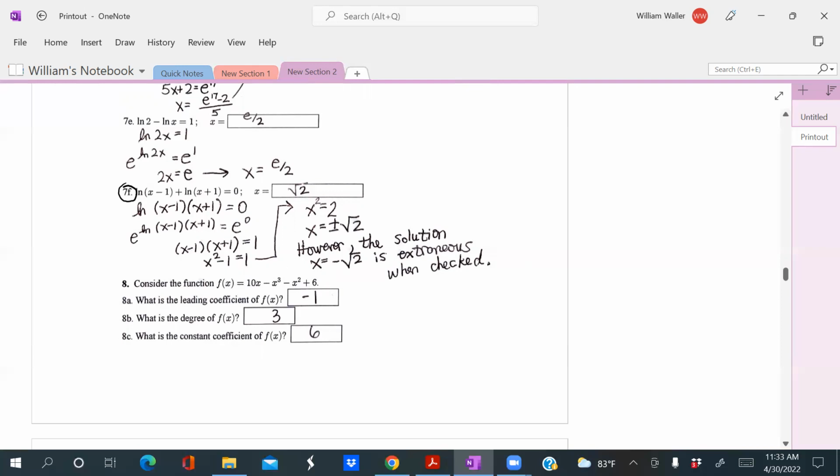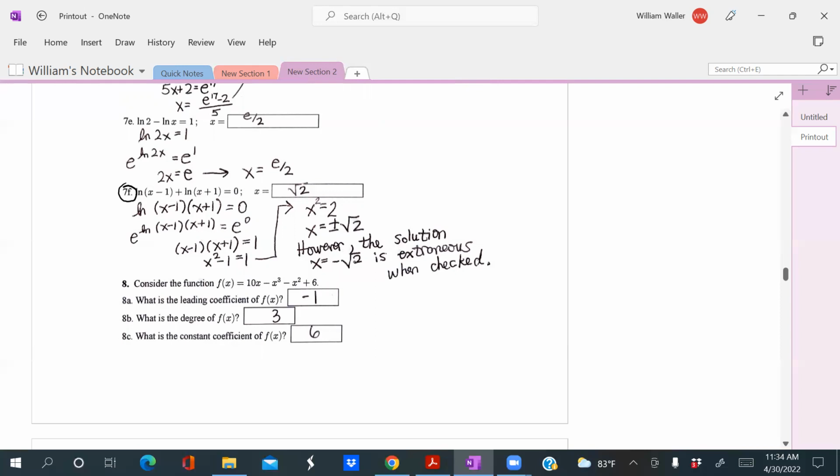Now, however, as I cautioned you in class, this is one thing you have to be careful of. When you're solving equations involving the natural log function, be sure you check your solutions, because the domain of the natural log function is not all real numbers. The domain of the natural log function is only positive real numbers, not even including 0, only positive real numbers.